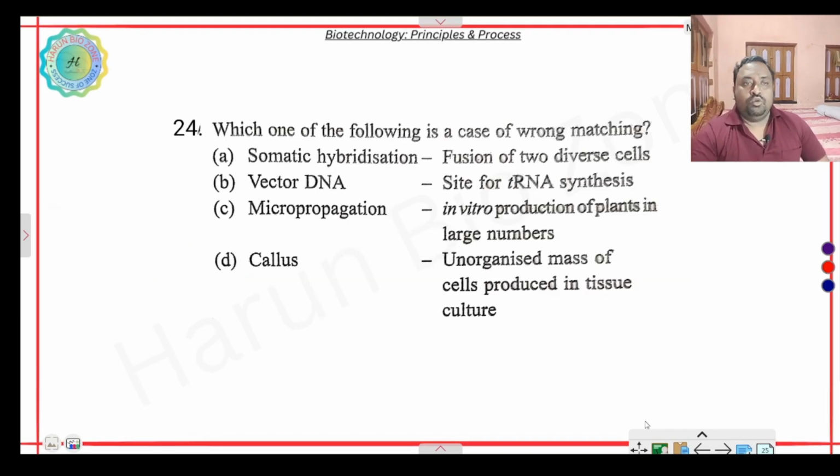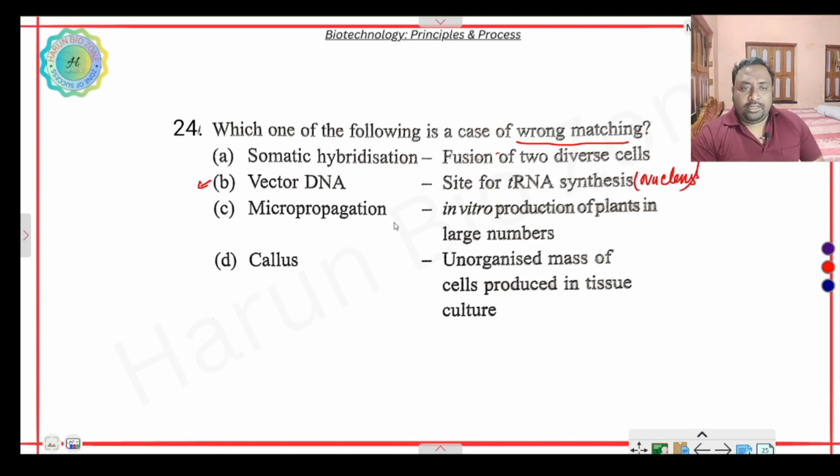Next question, which of the following is a case of wrong matching? Somatic hybridization means fusion of two protoplasts or somatic cells. Vector DNA, site for tRNA synthesis. Vector DNA is not for tRNA synthesis, it is a carrier of foreign DNA. The site for tRNA synthesis is the nucleus.